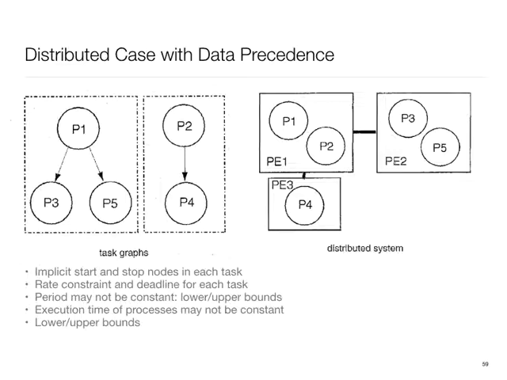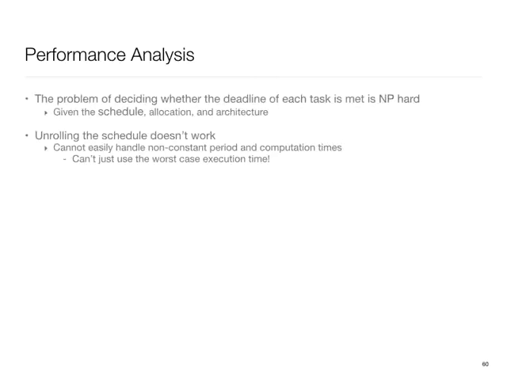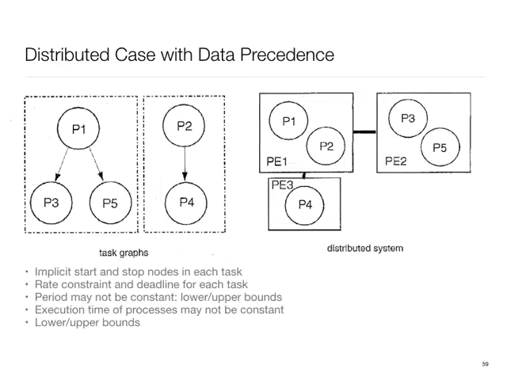So the challenge that comes up: thus far it sounds simple, right? Except we have the problem of figuring out how to map things, and I said earlier that one of the ways we can do this is to come up with a proposed mapping and then see whether it meets the deadlines.